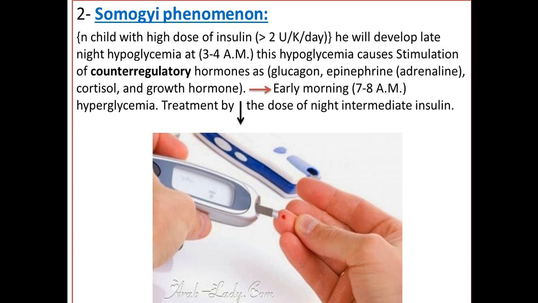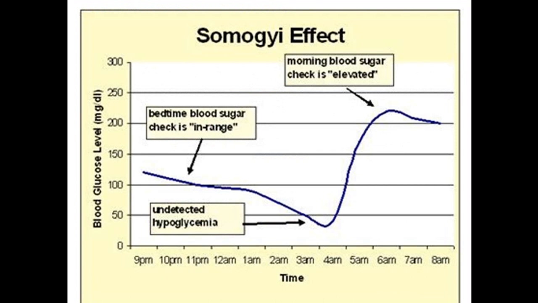These will cause early morning hyperglycemia at 7 to 8 a.m. The treatment here, because they took a large dose of insulin, is to decrease the dose of the nighttime intermediate insulin. This is the Somogyi phenomenon.